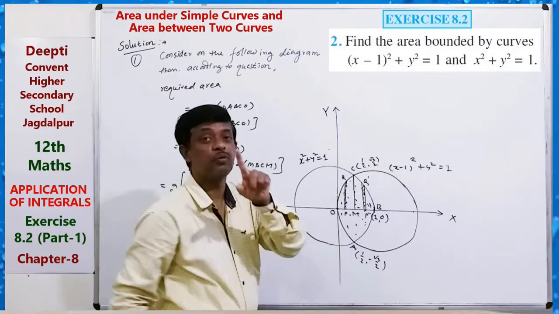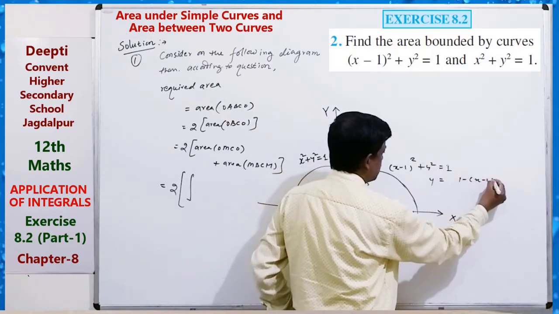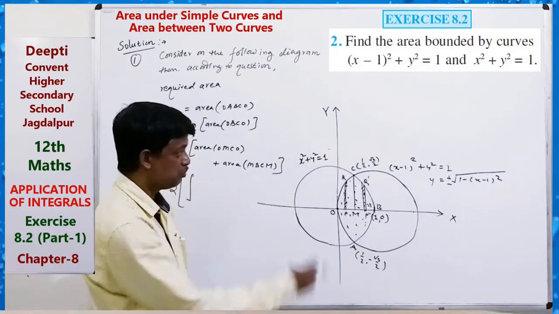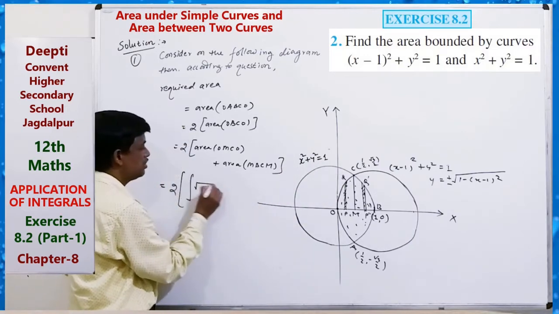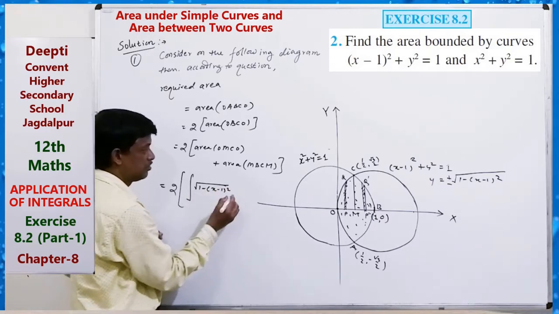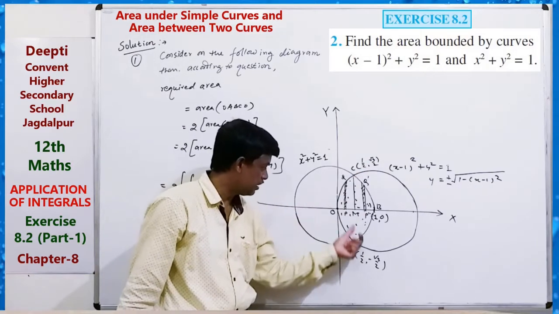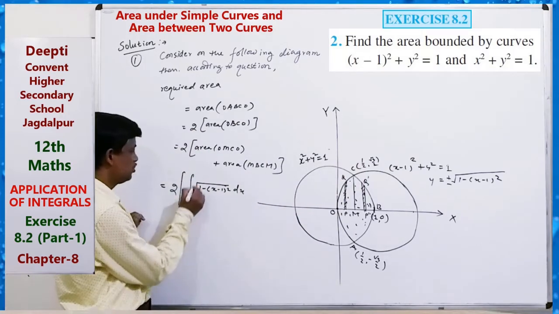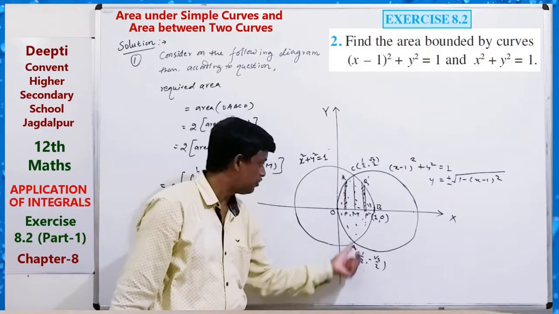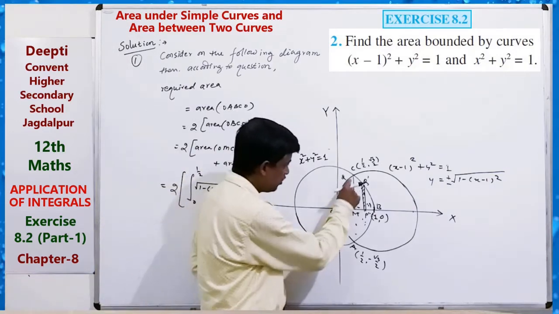So from here, the value of y: y square equals 1 minus x minus 1 square, so y equals plus root of 1 minus x minus 1 square, the upper part, dx, with limit from 0 to half, plus the second area from half to 1.